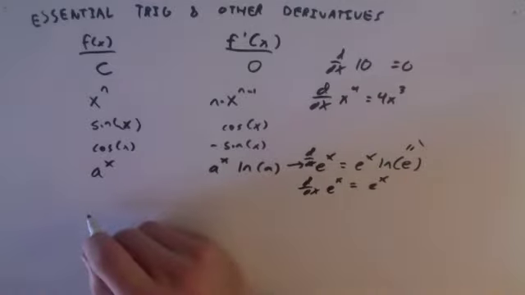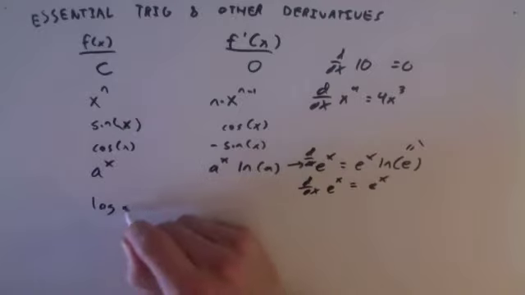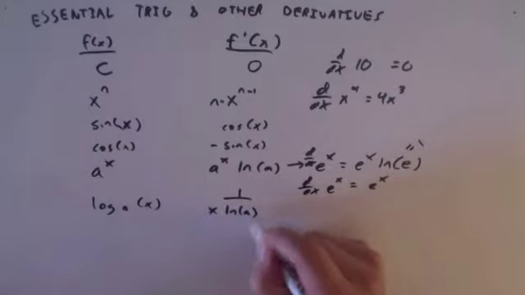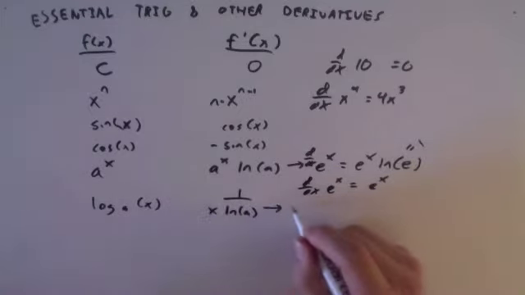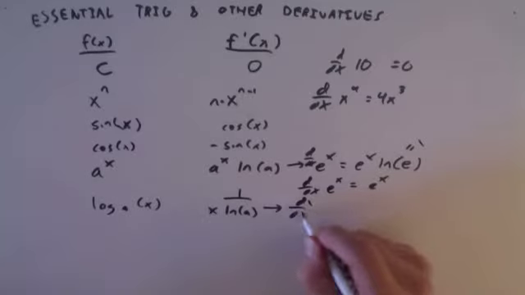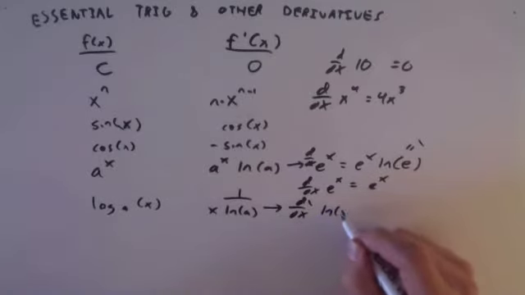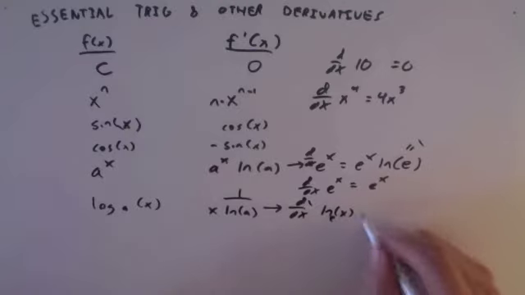And then lastly, we have the log base a of x, which is going to be 1 over x ln of a. Again, another really important example. Let's say we have the d dx of the natural log of x. Again, natural log has a base of e.